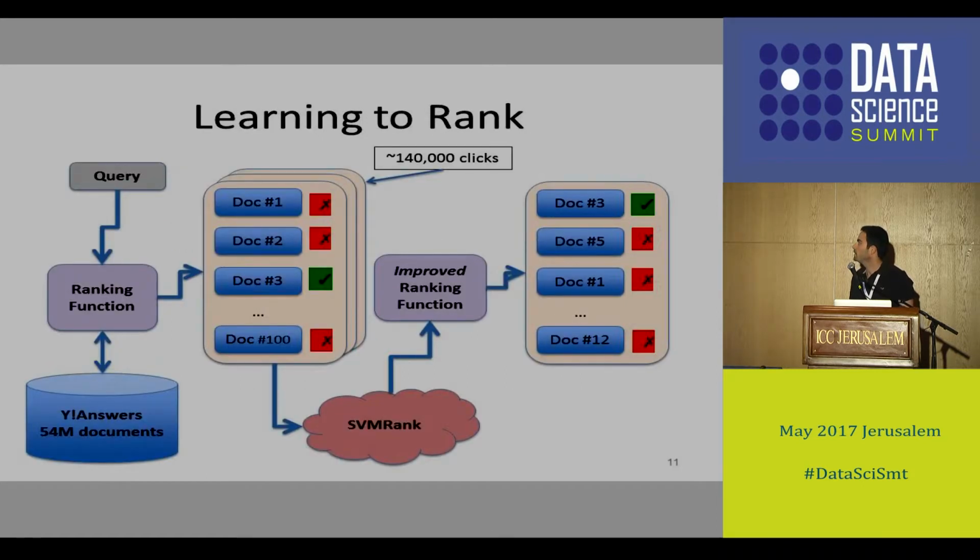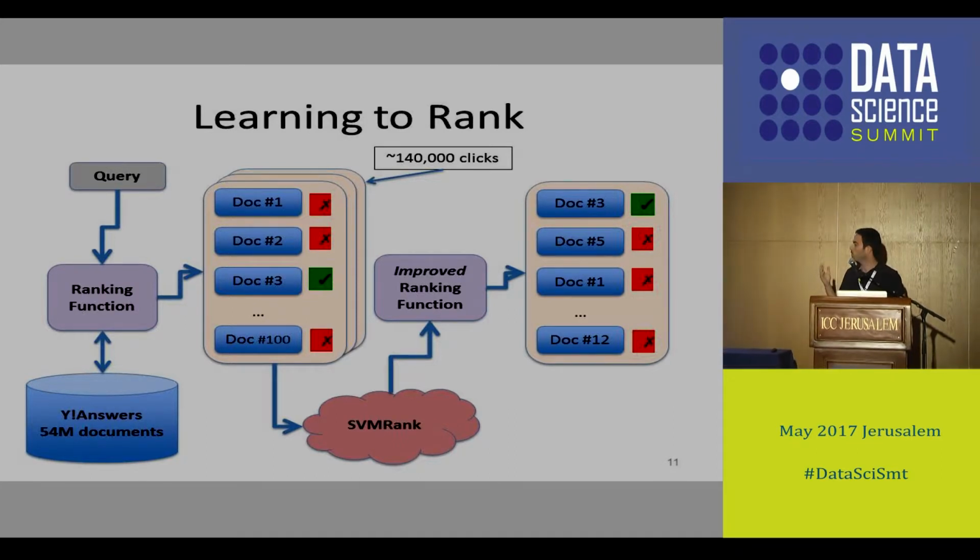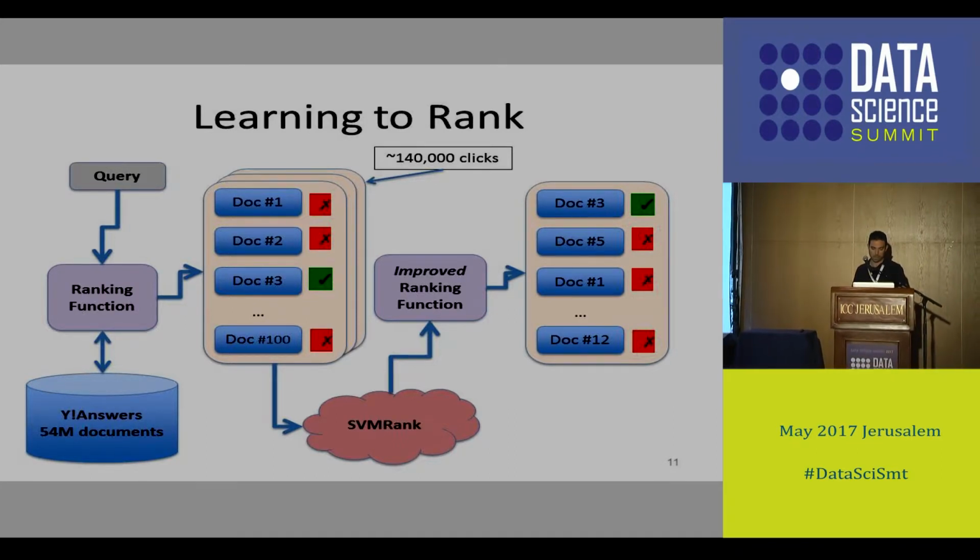So we use the learning to rank framework, which I'll shortly describe. We start with the Yahoo Answers index of 54 million documents and an initial ranking function. Given a query, the ranking function retrieves and scores the documents and outputs a ranked list of documents, in our system, the top 100 documents.